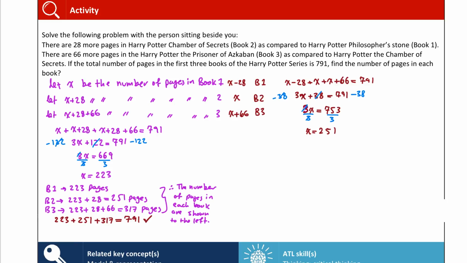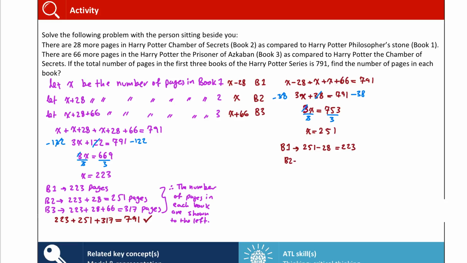So already comparing my answer from this method and the previous method, I get the exact same value. So that's good. But let's also try to see if it works with the other number of pages. So book 1 will then have 251 minus 28 pages, which will equal 223.